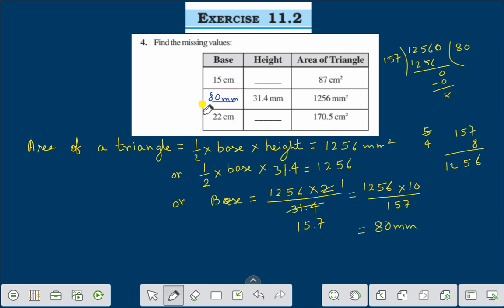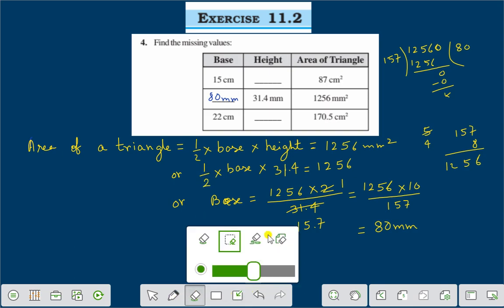Let's solve the third question. Let us delete this one.